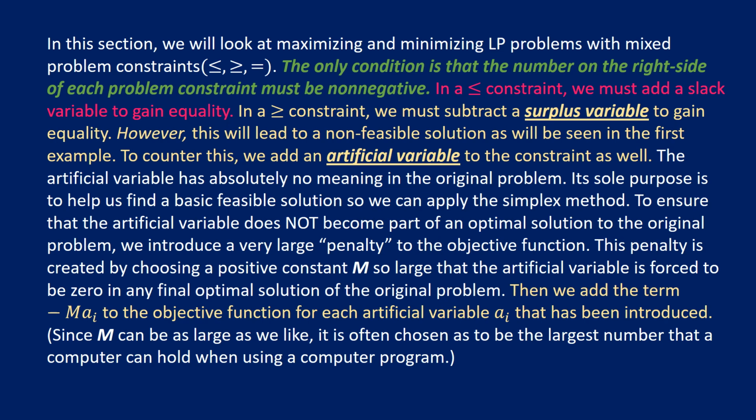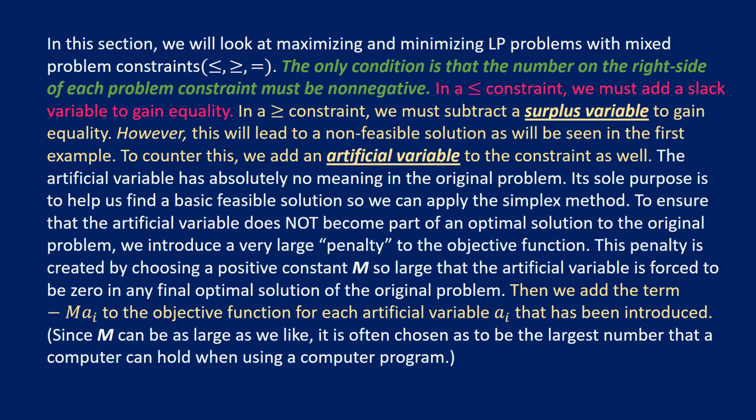So what we do is introduce a really large penalty to the objective function. We create this penalty by choosing a positive constant m so large that the artificial variable is forced to be 0 in any final optimal solution of the original problem.